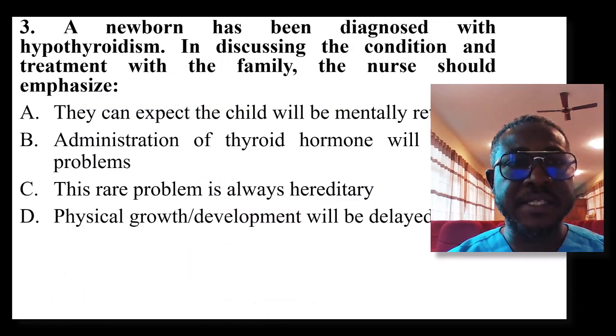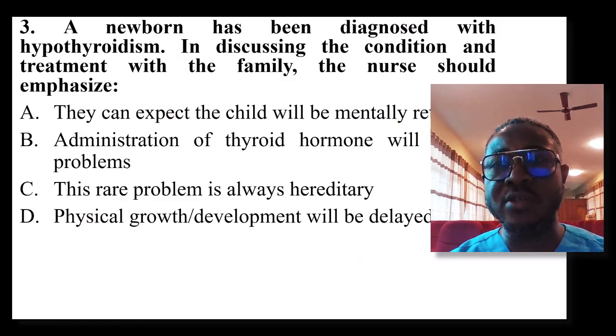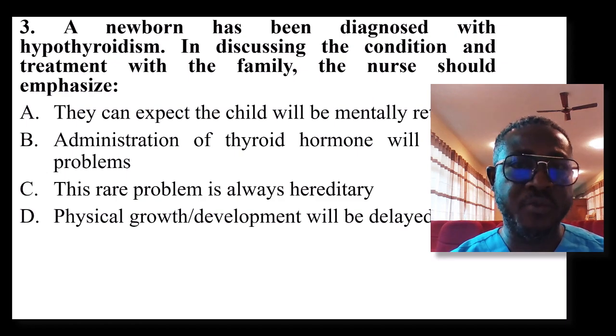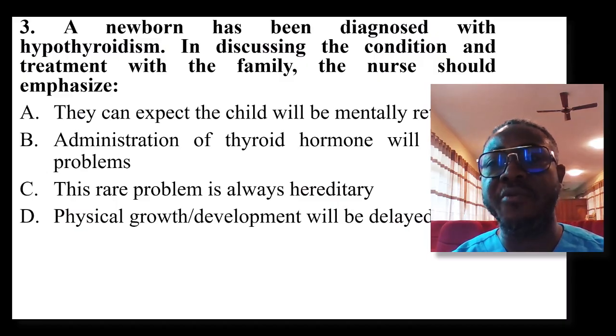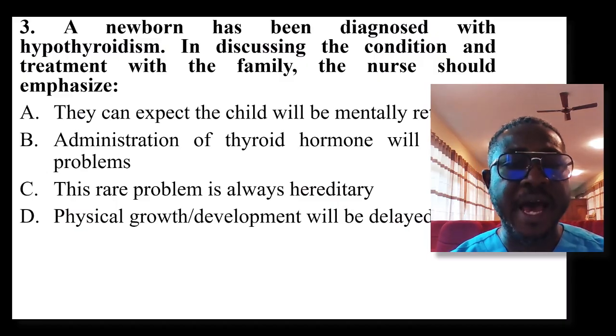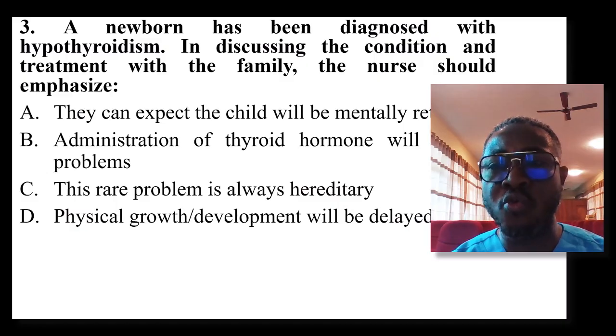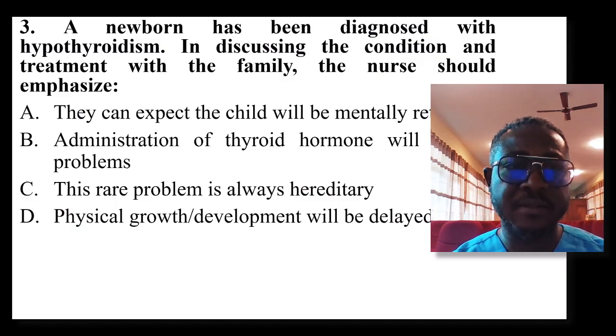All right, so let's look at this third question. The third question says a newborn has been diagnosed with hypothyroidism. In discussing the condition and treatment with the family, the nurse should emphasize A. They can expect the child will be mentally retarded. B. Administration of thyroid hormone will prevent problems.